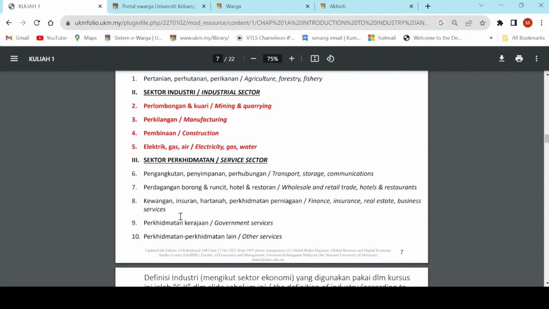And why? Previously, we explained why here for the second way. B, second way, based on characteristics of production. Why? Extractive, transformative, and supporting. Now, why these four? It is explained here in the next slide.